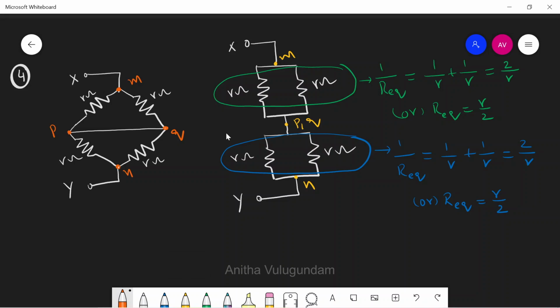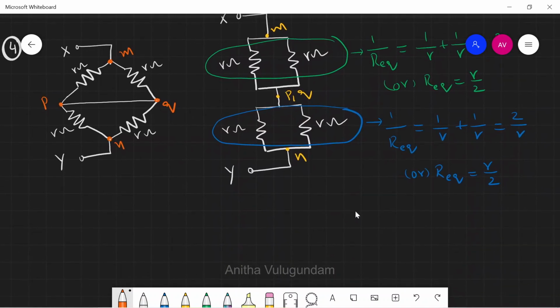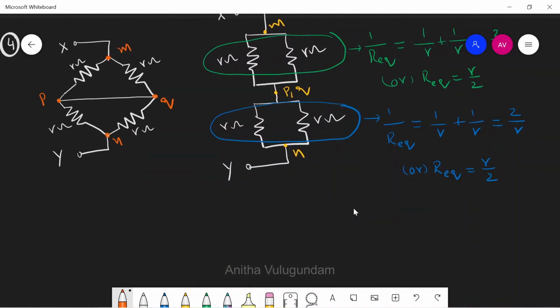Let me redraw the circuit. X, Y. And this is R by 2 ohms. This is R by 2 ohms.